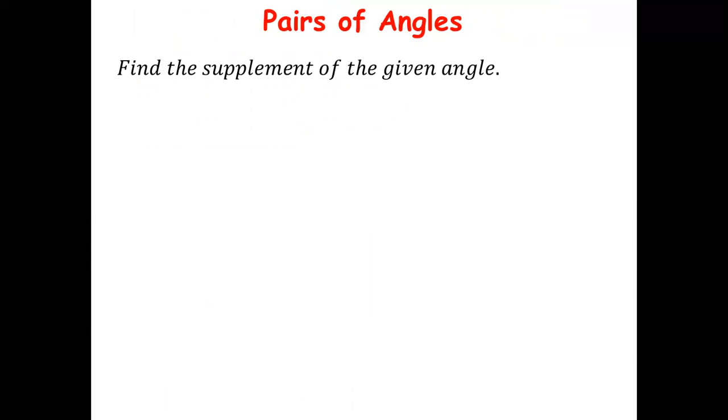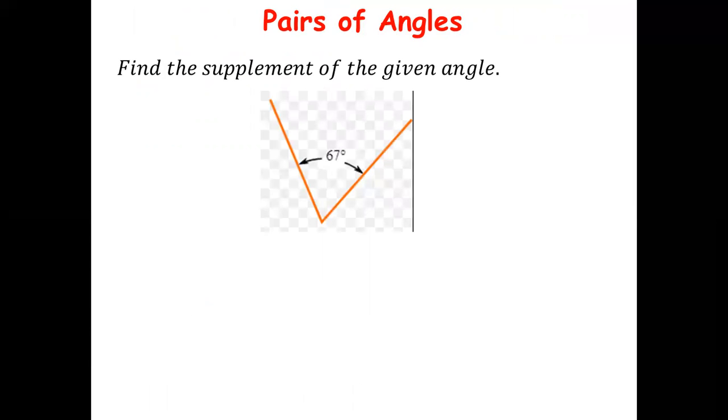Find the supplement of the given angle. So the angle is a 67-degree angle. The options are 113, 23, 90, and 180 degrees. So let me start the timer for you. The time starts now.